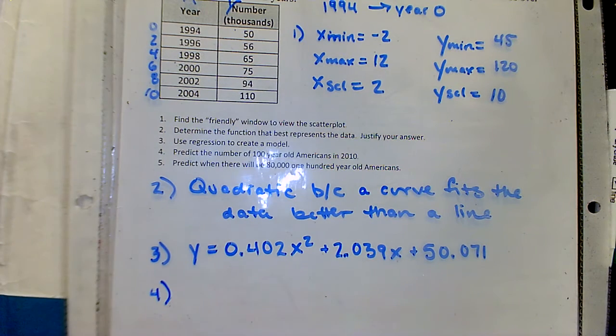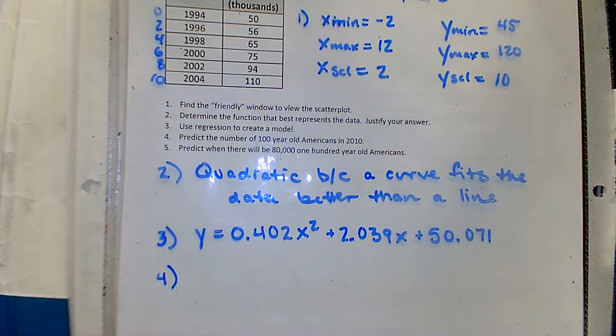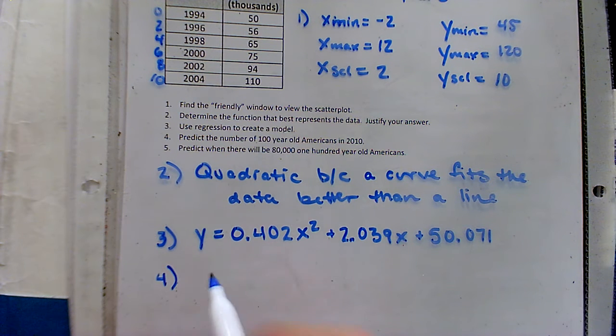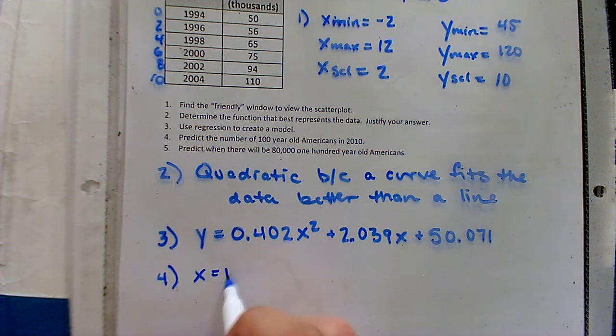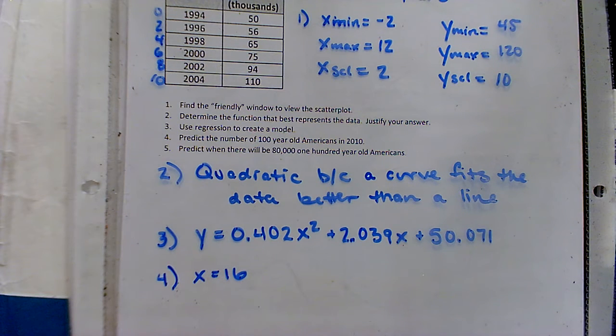Let's check out number 4. Speaking of predicting, let's make some. Predict the number of 100-year-old Americans in 2010. How can we use this equation that we let the calculator find for us to predict that data? What do you think, Blair? Put 16 in. Why 16? That'd be the year that you kept going.